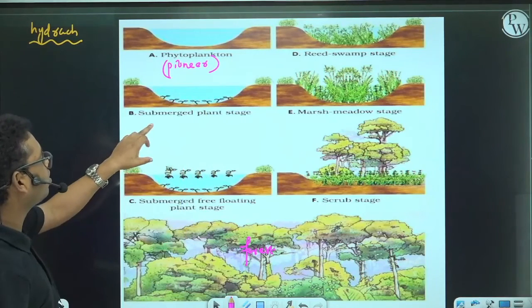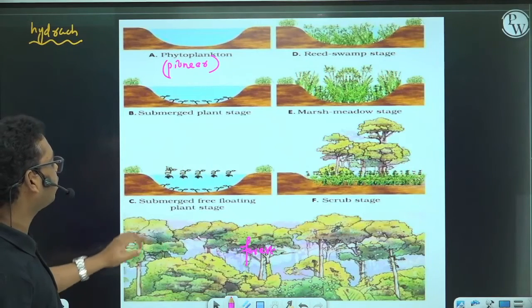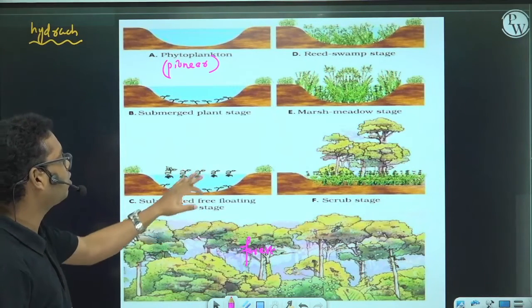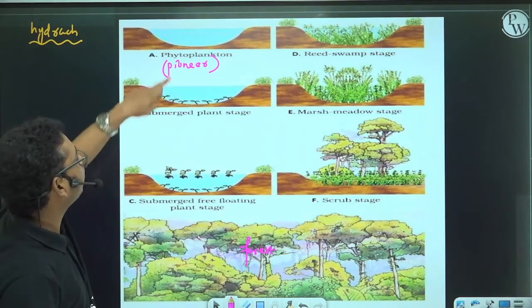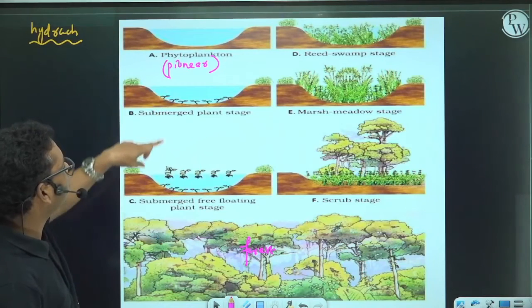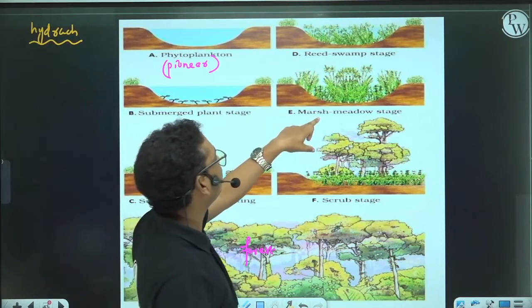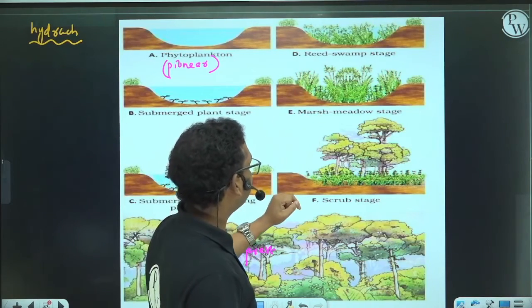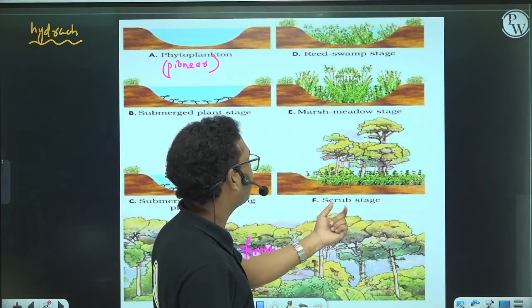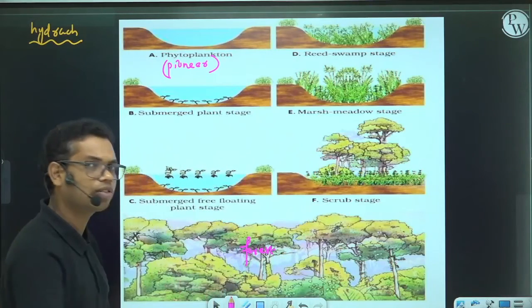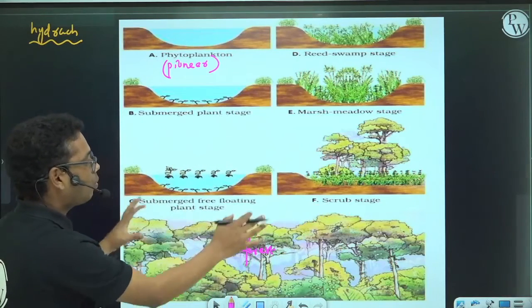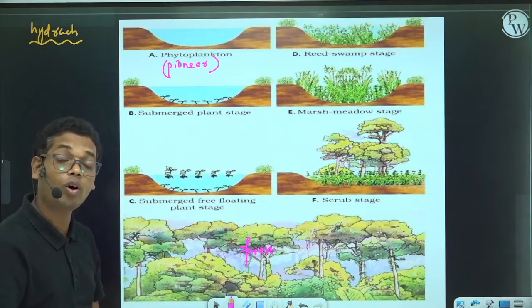The second community is the submerged plant stage. The third is the submerged free floating plant stage, then the reed swamp stage, then the marsh meadow stage, then the scrub stage, and the final one is forest. You have to remember this sequence order.